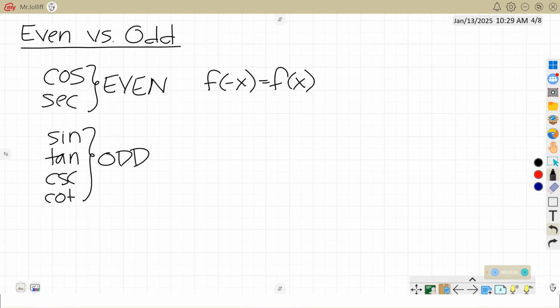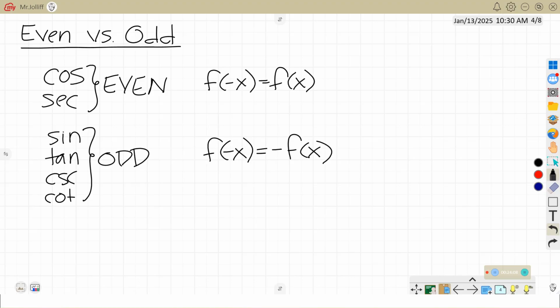That also means if I take that function and I give it a negative input, it's going to change the sign on the y value too. Negative x gives me negative y, or negative f of x. So for cosine and its buddy secant, if I shove in negative pi over 3, it's going to give me the same answer as pi over 3.